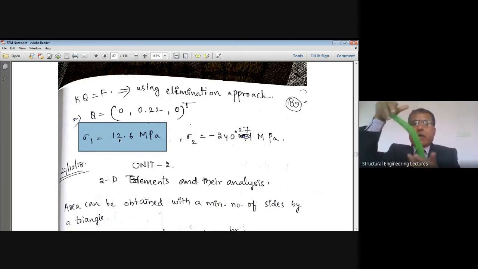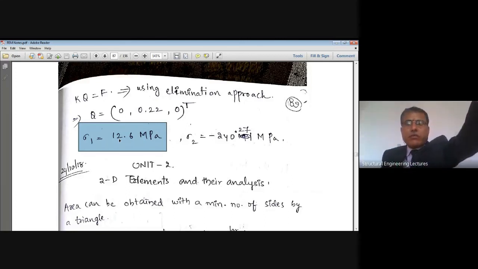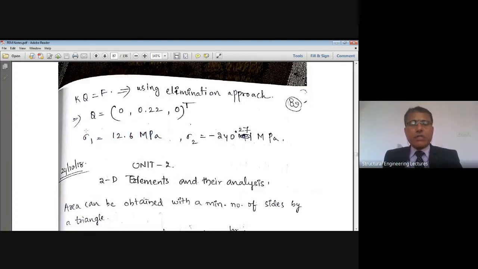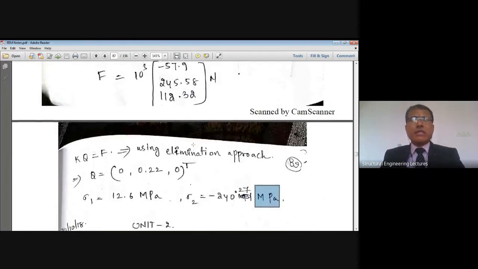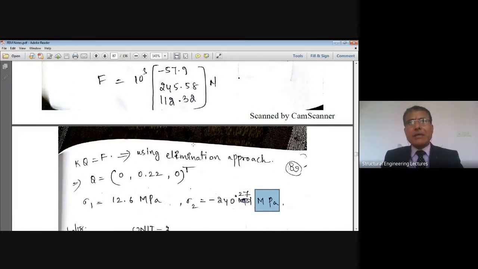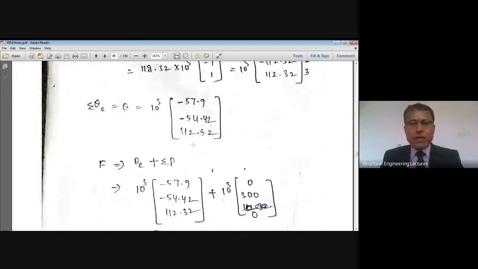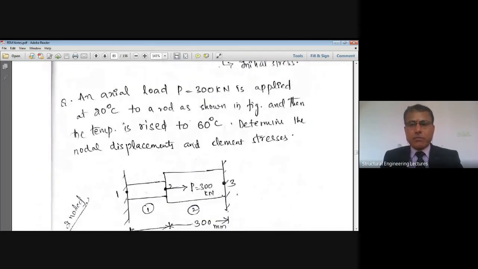Working it out in a single procedure, sigma 2 is equal to minus 240.27 Newton per mm square, MPa. Once you get that, you can also evaluate using the same elimination approach the reactions at support 1 as well as support 3, which you have already seen in the previous discussions.